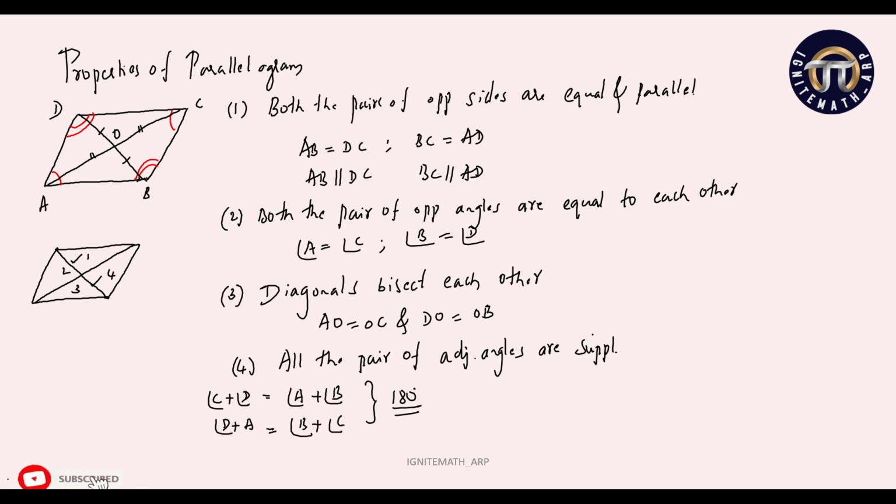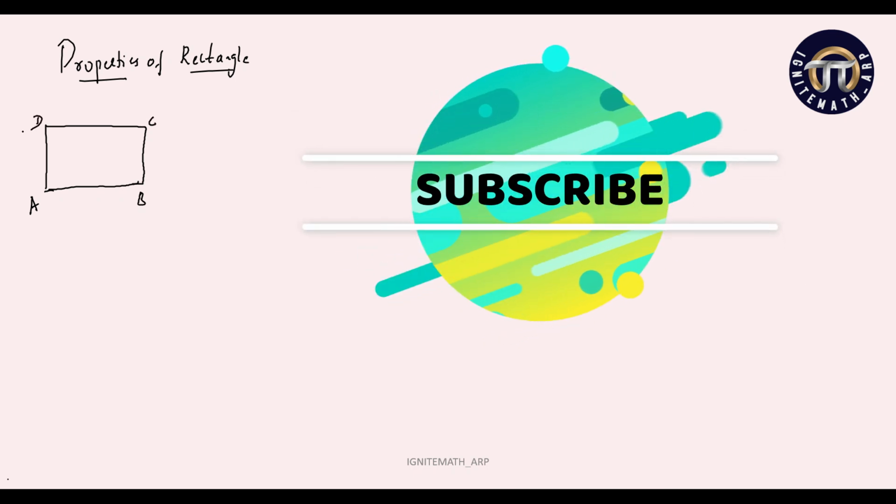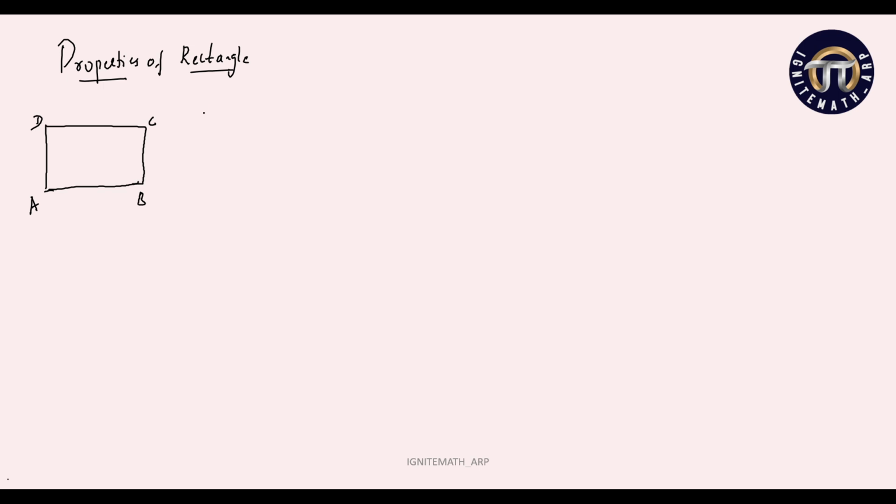So now let us study the properties of a rectangle. As I told you, children, a rectangle is a type of parallelogram. So obviously, all the properties of a parallelogram we discussed are applicable to the rectangle also, because a rectangle is a type of parallelogram.